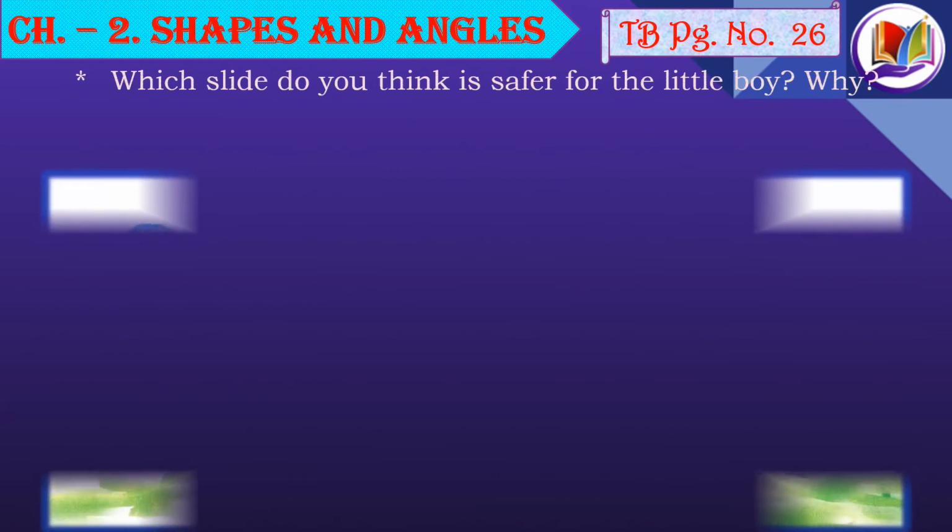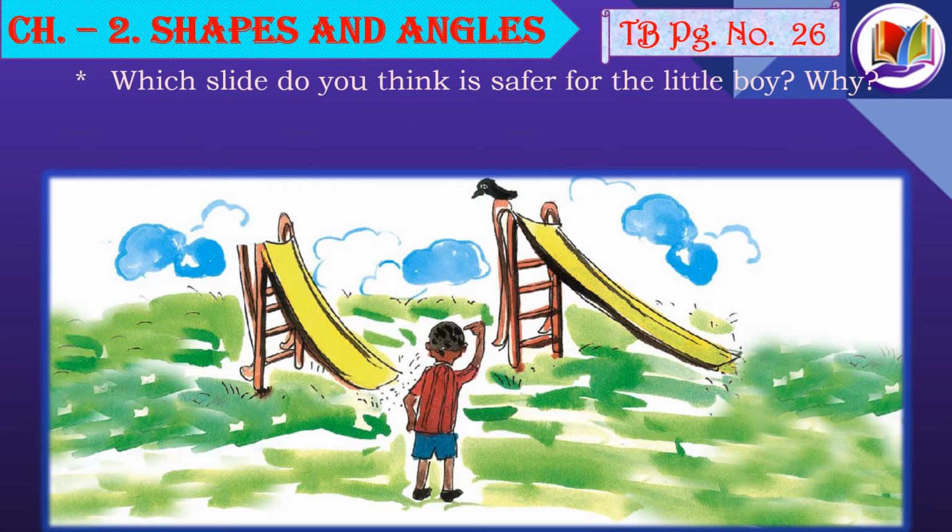Now there's another confusion for this little boy. Which slide do you think is safer for him? The first one or the second one? Well, the first one, can you imagine yourself sitting on this slide? When you sit on this slide, you will slide down very fast and that could be risky. You may fall down with a high speed and get yourself hurt.